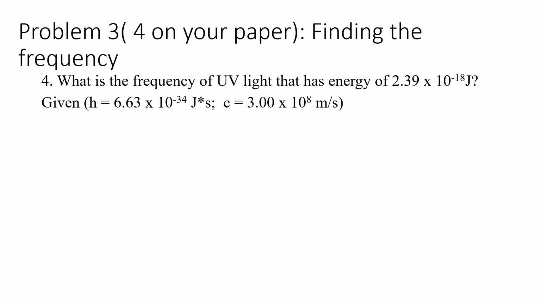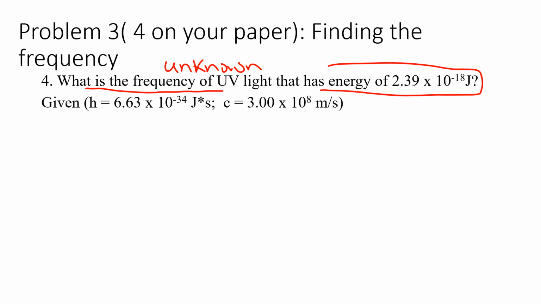You're finding the frequency this time. Once again, if you're doing the known and unknown information, let's identify what's what. Frequency here is what our unknown is. And energy, right here, is our known. Then we're also going to be using Planck's constant to help us solve for this.